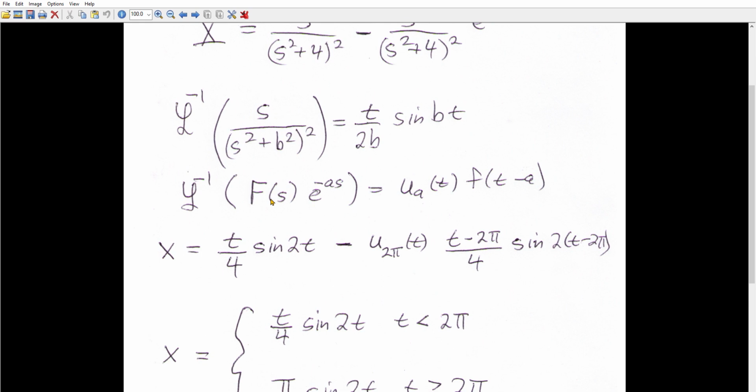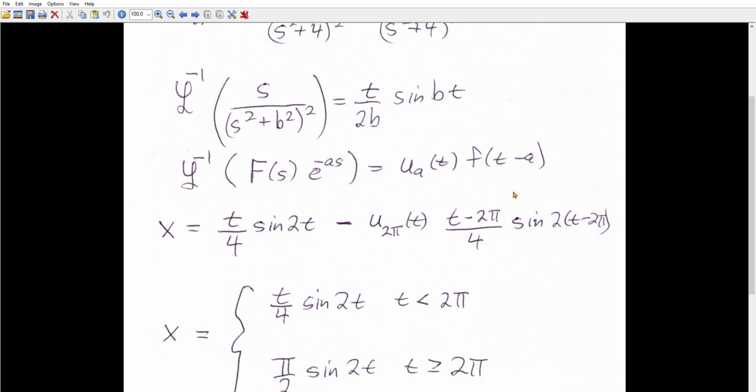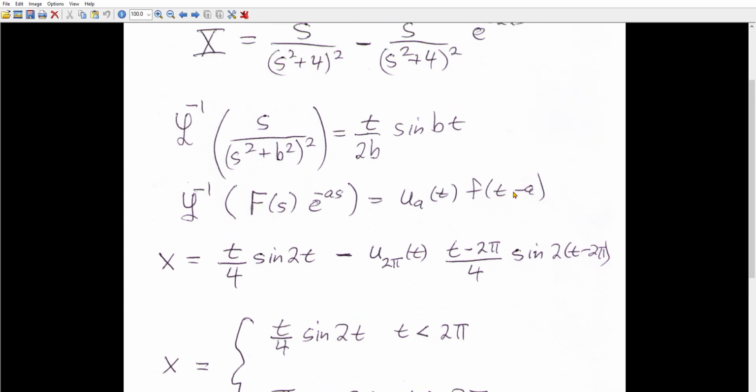So using our formula that the inverse Laplace transform of cap F of s e to the minus a s is u_a of t times f of t minus a, this becomes t over 4 sine 2t for this piece, and u_2pi of t times (t minus 2 pi) over 4 sine 2(t minus 2 pi) for this piece.